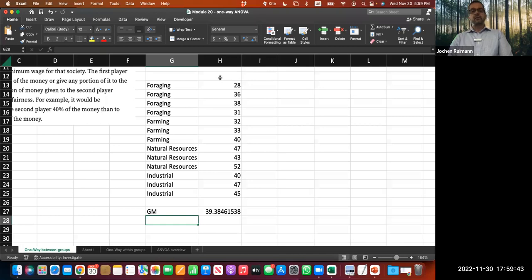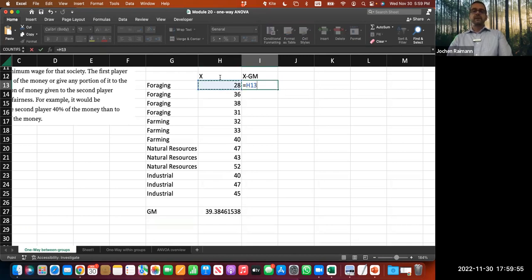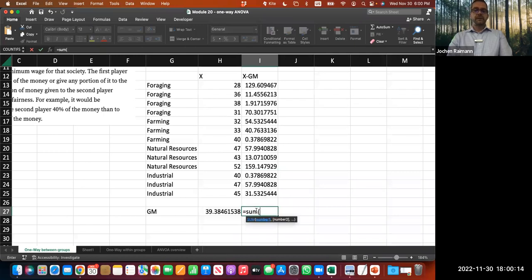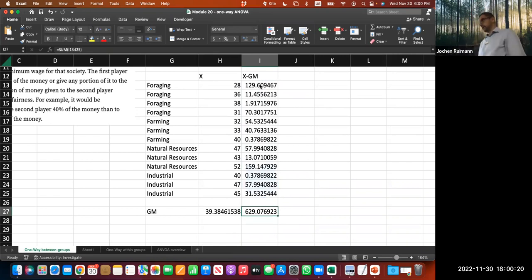To get our sum of squares total, these are the individual x. Now we want to calculate x minus the grand mean, which we just need to square. That gets us to a total sum of squares of 629.1.